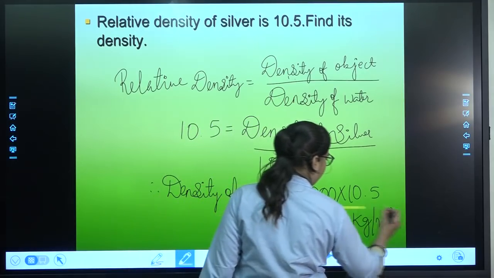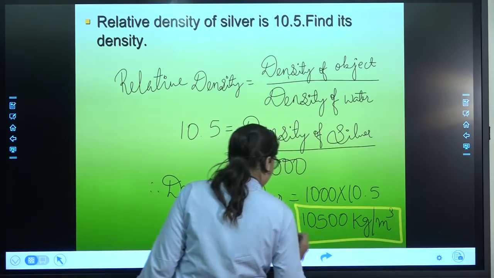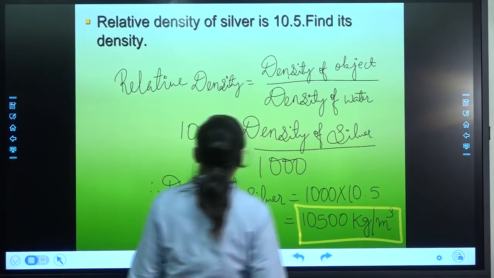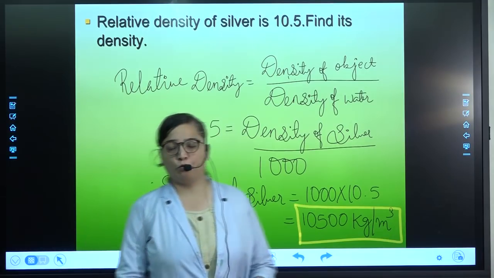So this is the answer. Note down this numerical, then we will move further.